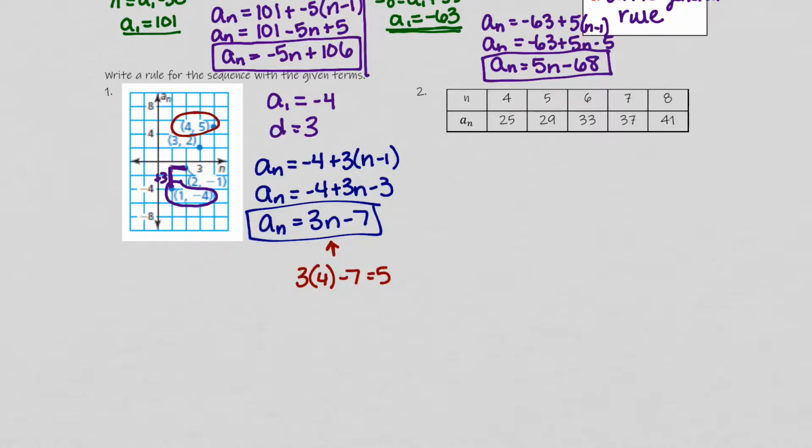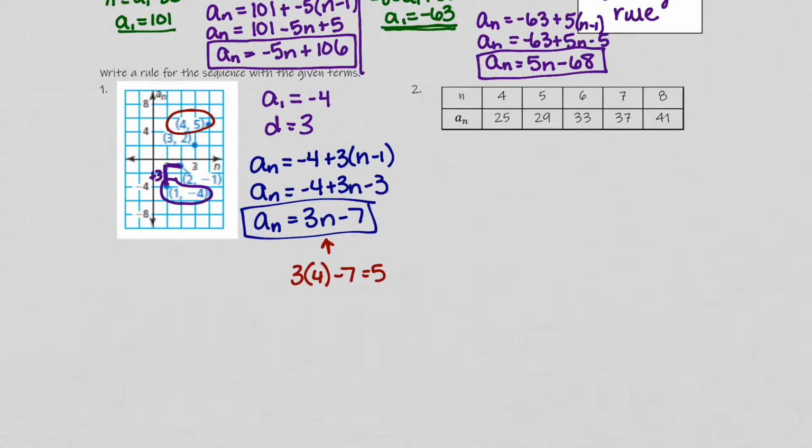All right, number 2 here starts with term 4 in the sequence and gives us what those terms are. But if we continue this on, if we go backwards, if I say, okay, term 3, term 2, term 1, I can easily find the first term without having to manipulate and plug in and find a system.